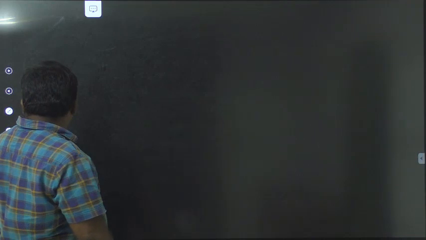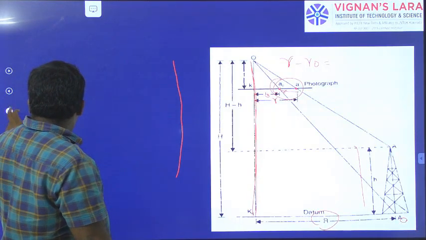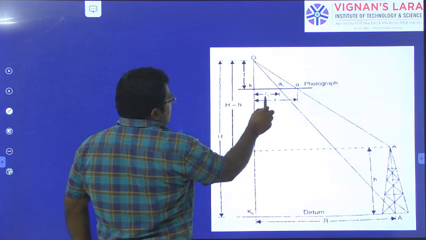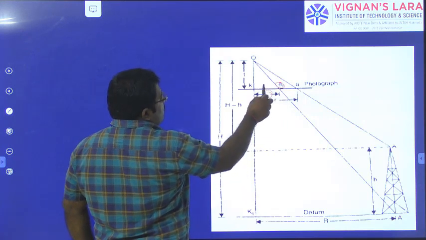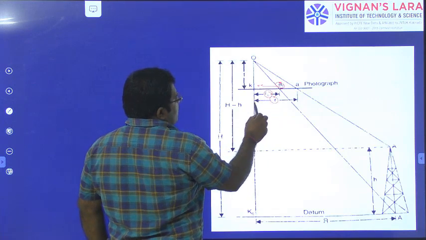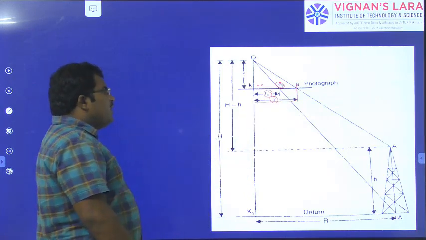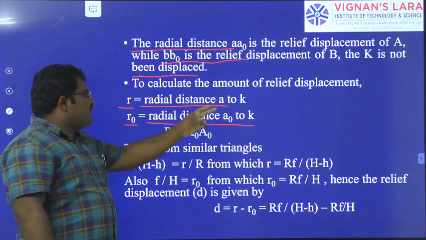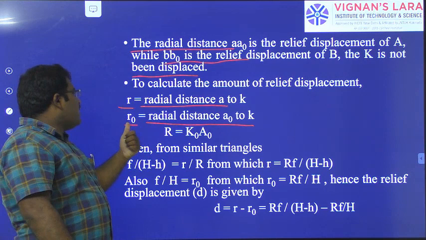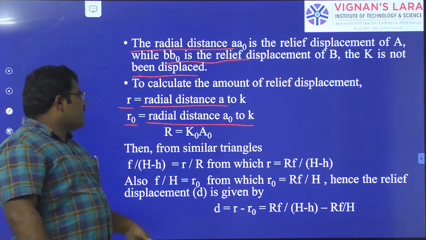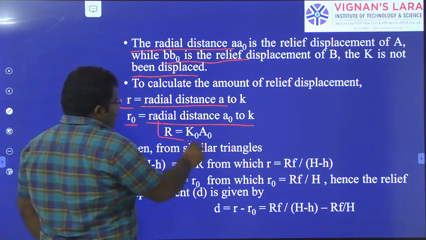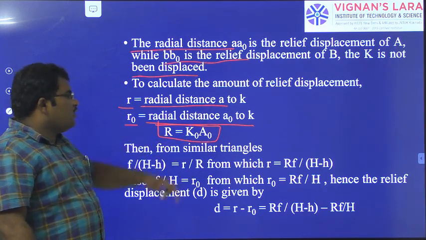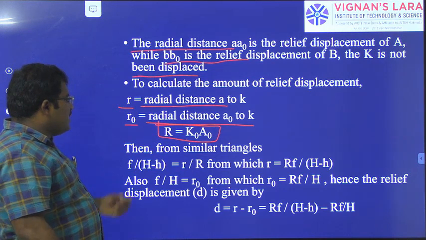So R0 is the distance between A0 and K, and R is the distance from A to K. Finally, capital R is the distance on the ground, the K0 A0 distance.